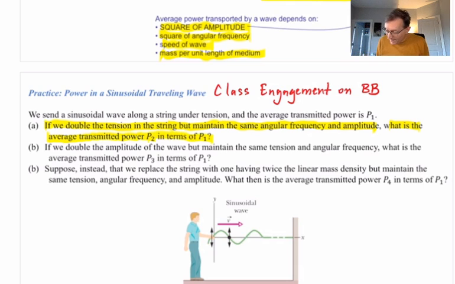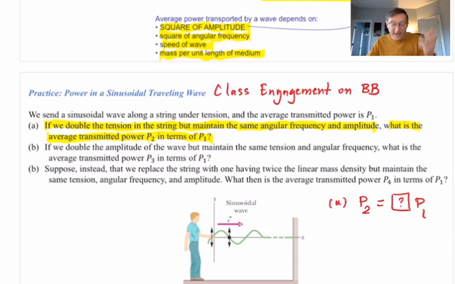The way you'll write that for A is you will just tell me P2 equals some number times P1, and I want to know what that number is, when I've doubled the tension in the string but maintained the same angular frequency and the same amplitude.